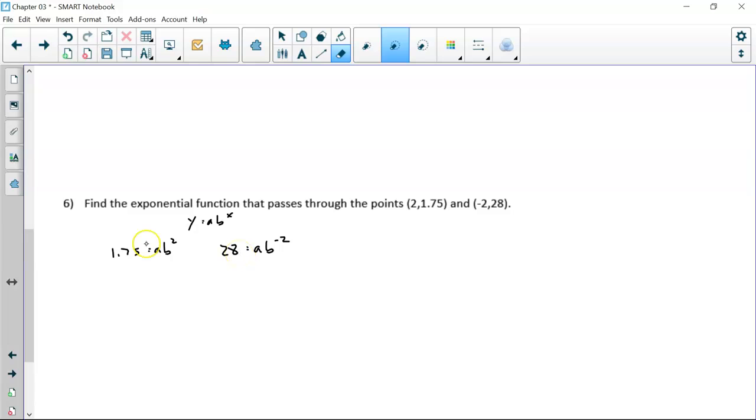So 28 equals a b to the negative second, over 1.75 equals a b squared. 1.75 divided by 28 is going to be 0.0625. The a's cancel, and for the b's, it's 2 minus negative 2. So 0.0625 equals b to the now positive fourth.